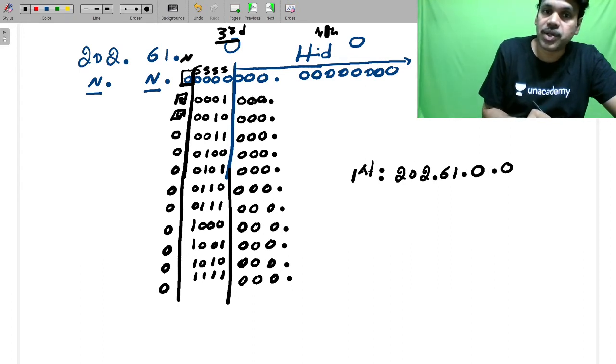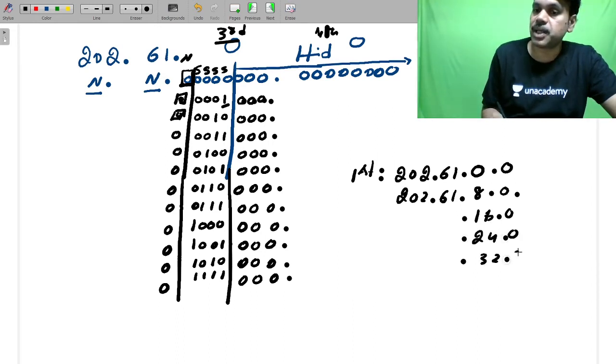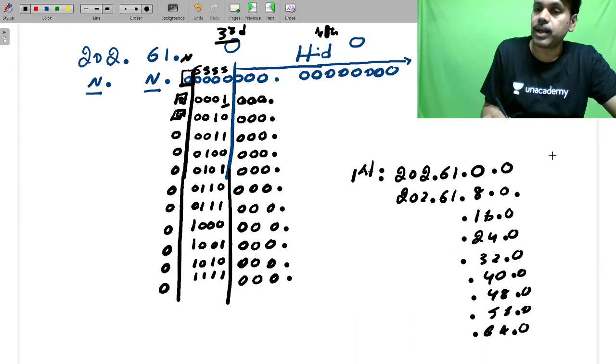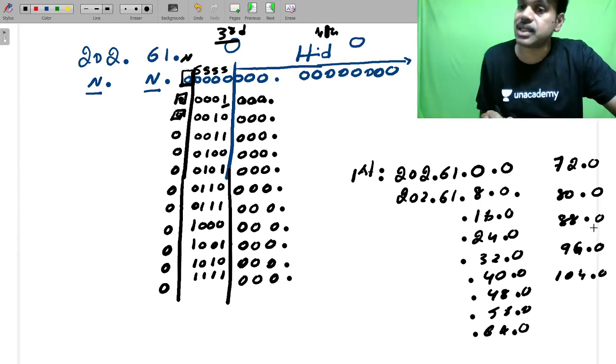Next subnet is 202.61.8.0. Next subnet is 16, 24, 32, 40, 48, 56, 64, 72, 80, 88, 96, 104. This is how you are going to get 16 subnets.